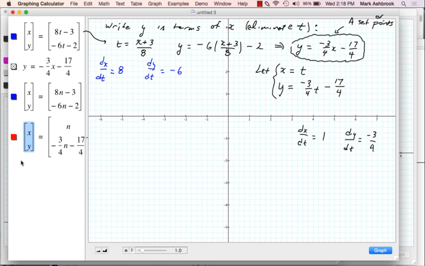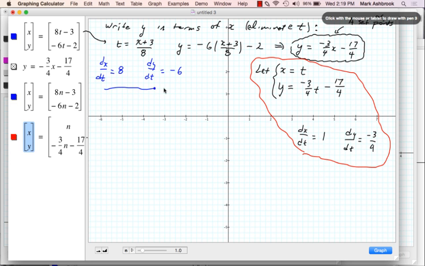So this one's red. This is our red version, and this is our blue version up here.